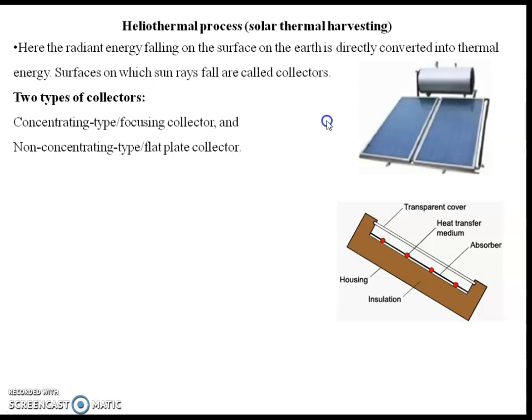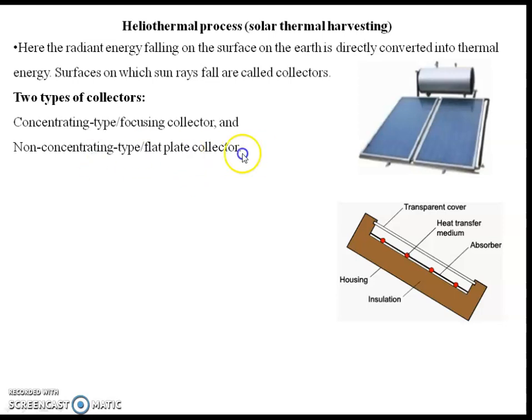Apart from that, we have two types of collectors: one is the concentrating type, such as the focusing collectors, and the other is the non-concentrating type, which is the flat plate collector.